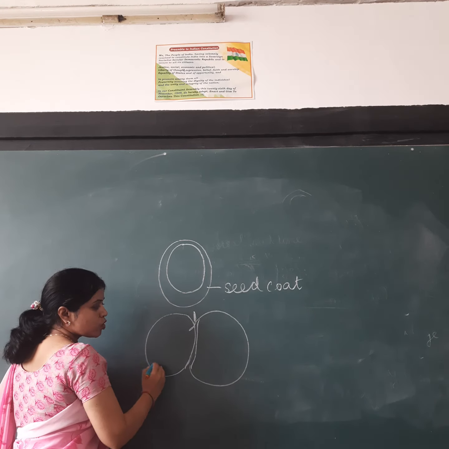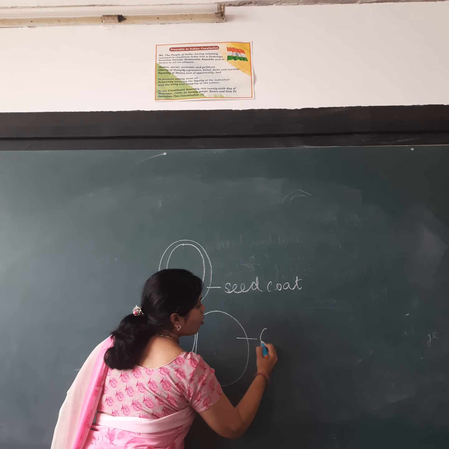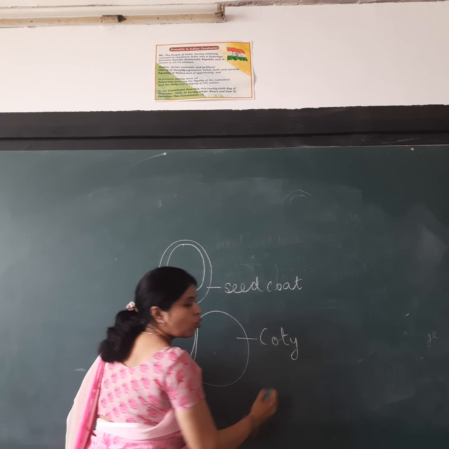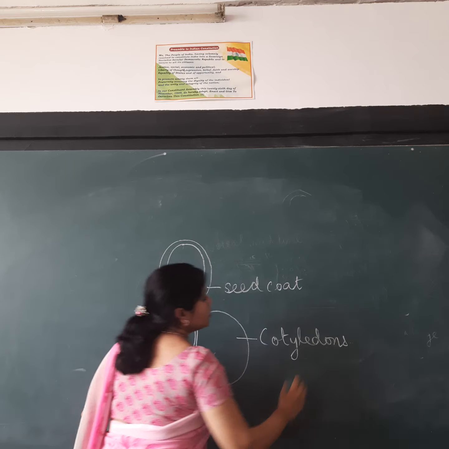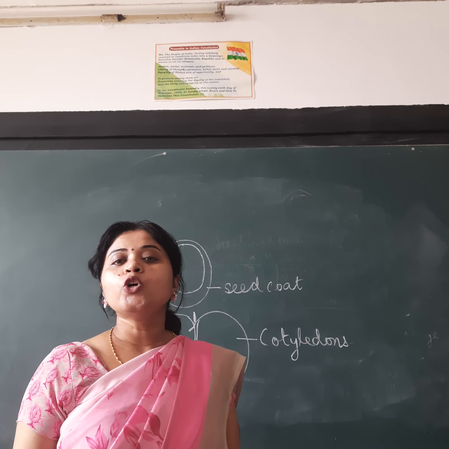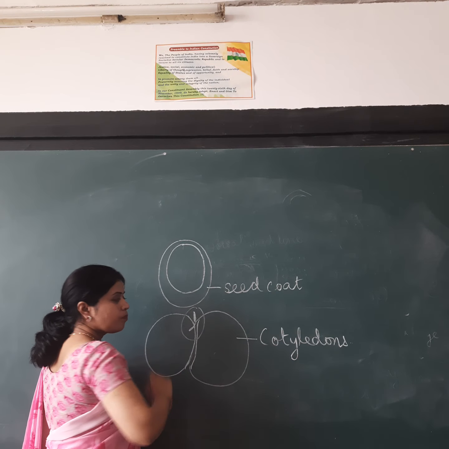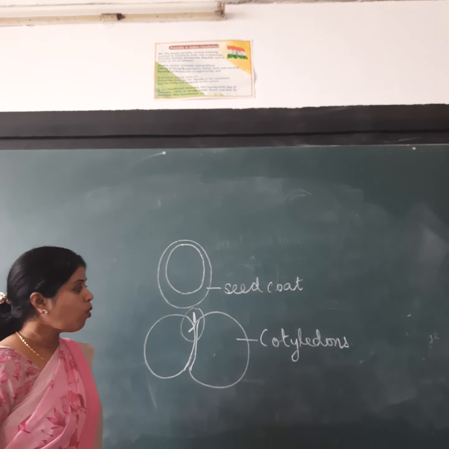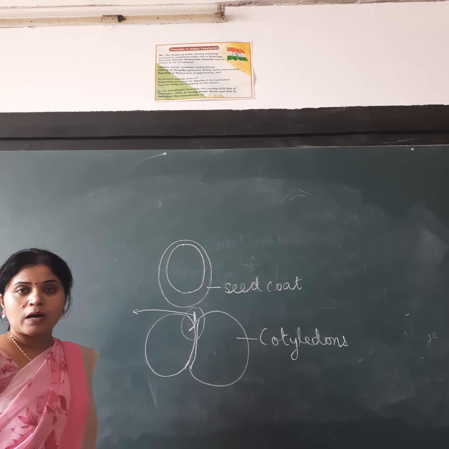This large portion that is creamish in color will be called the cotyledons. The work of the cotyledons is to provide nutrition to the growing embryo. Now this is the growing embryo. This growing embryo can be divided into two parts.